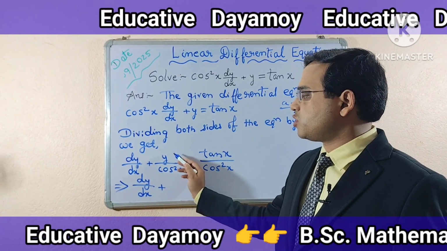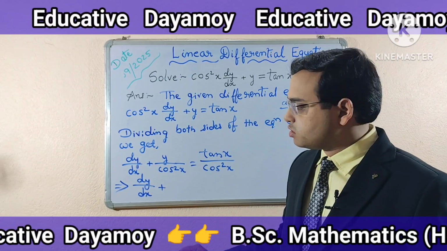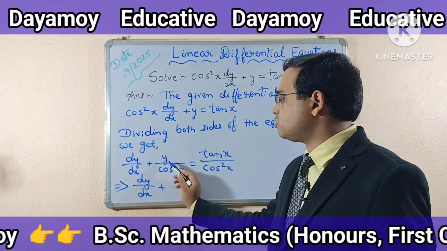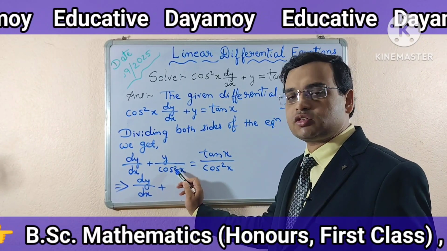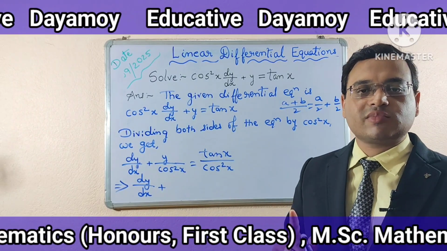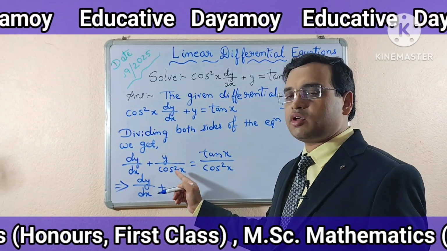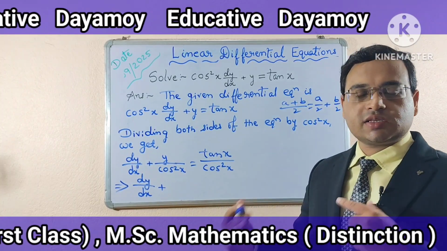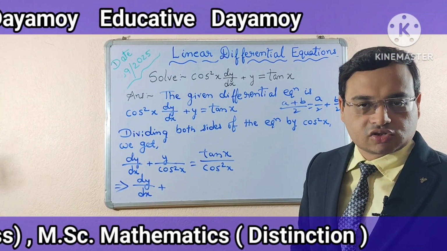This sec square x gets multiplied with y. Just in simple term I am saying that here y into 1 by cos square x will be there, and in the next step I am calculating this in my mind. Y into 1 by cos square x means y into sec square x. Okay, as reciprocal of cos square x is sec square x.